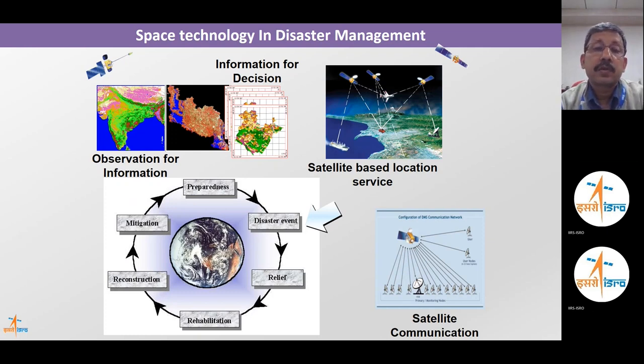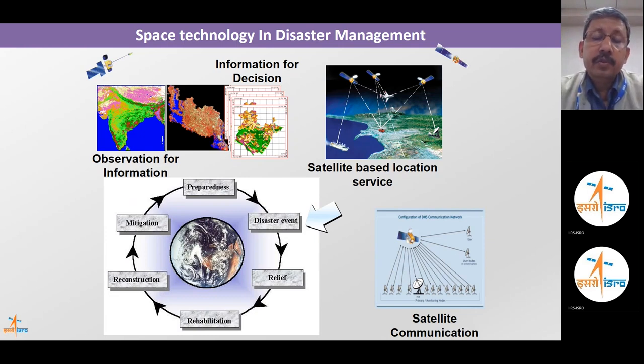And once we identify the extent, magnitude, and location of the disaster, using satellite-based location services, we identify the best possible routes to provide relief and rescue. And we also use the space-based satellite communication system for communicating to the global community about the extent of relief and rescue required in that area, and what types of relief material are required.